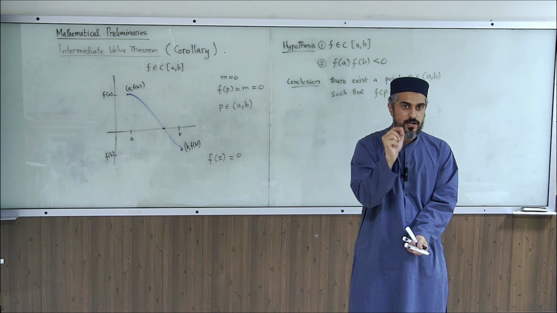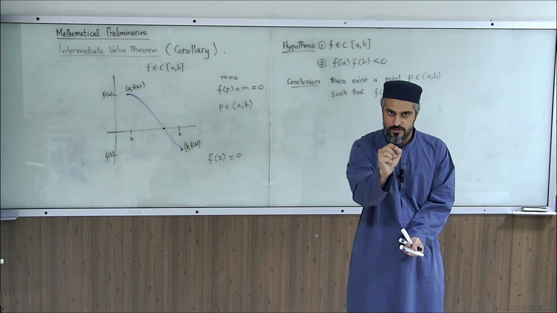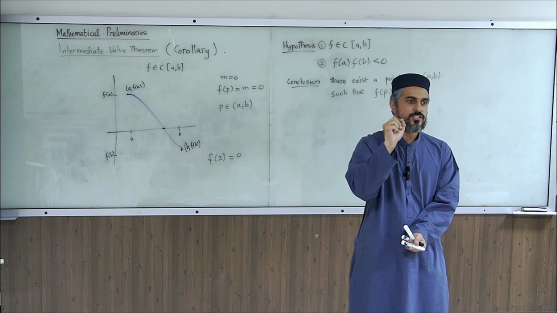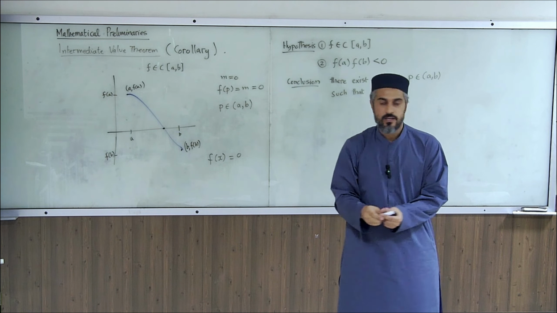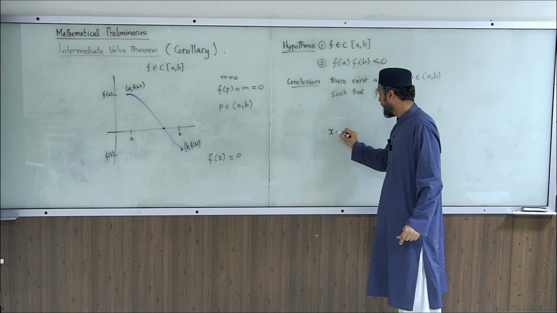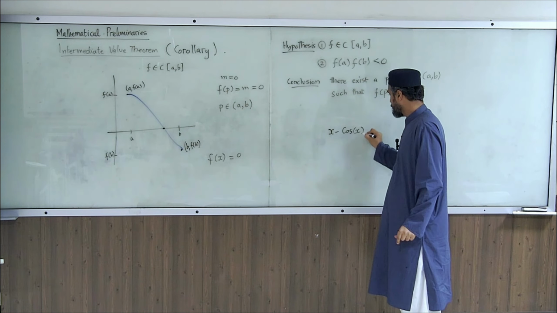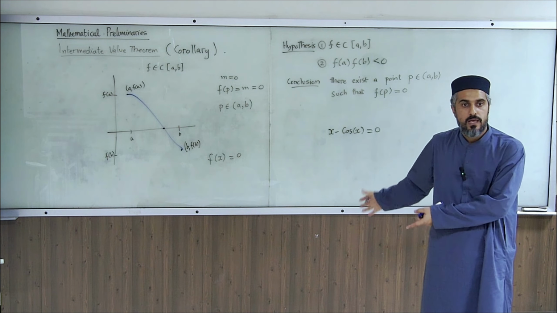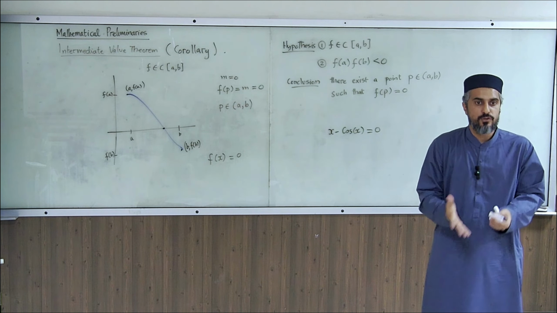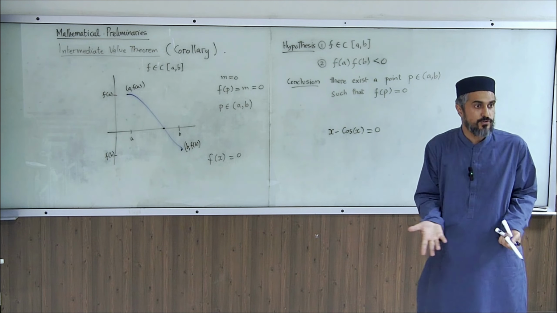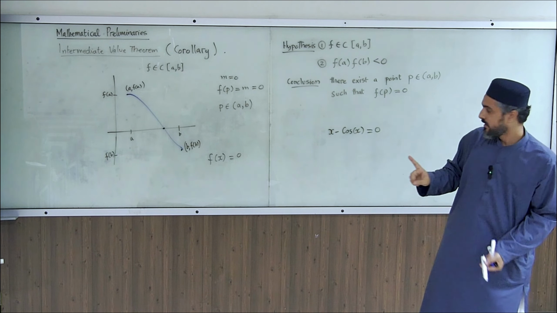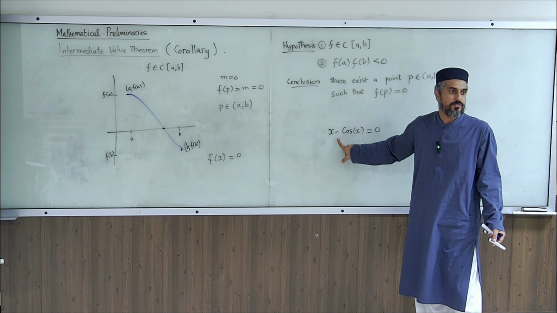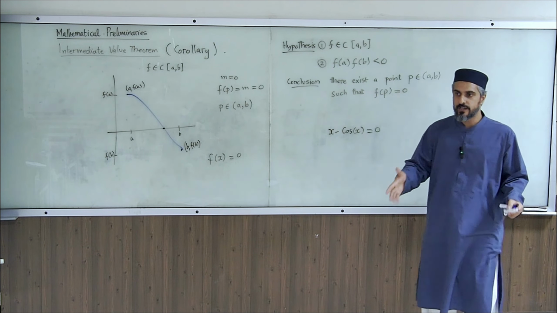So we are interested in finding that point where f is becoming 0, because if I write an equation x minus cos x equals 0, this is my problem, and what I want is a solution of this problem. What is the solution of this problem? A real number at which the left hand side becomes 0. I wish to find that point.